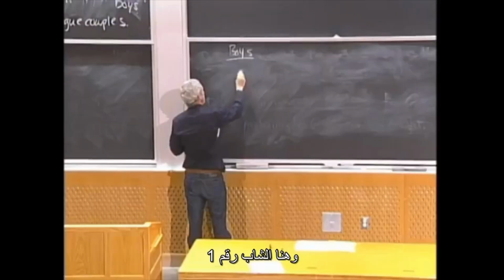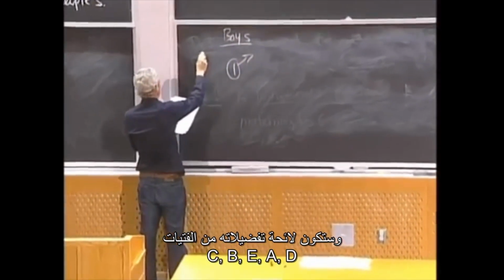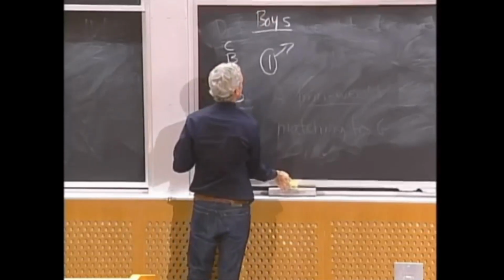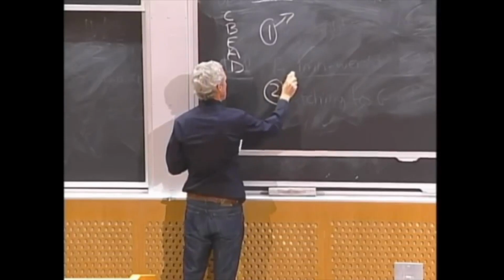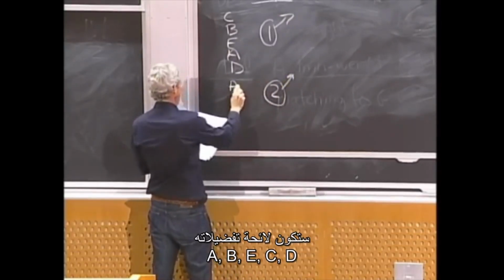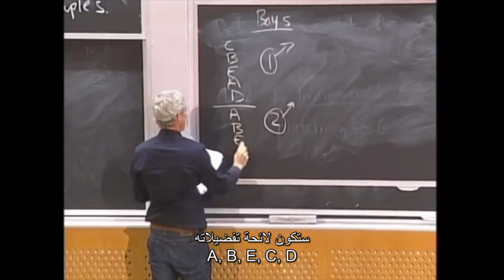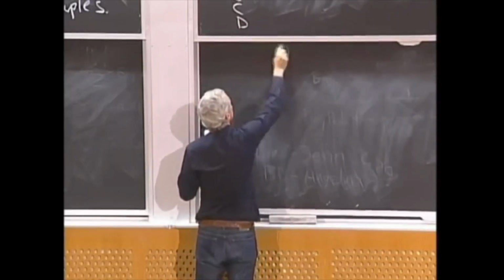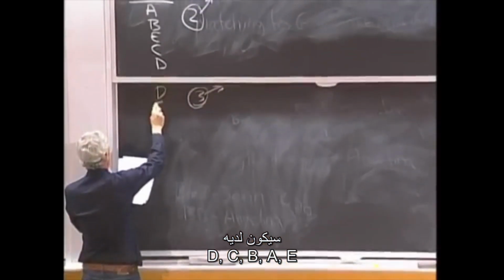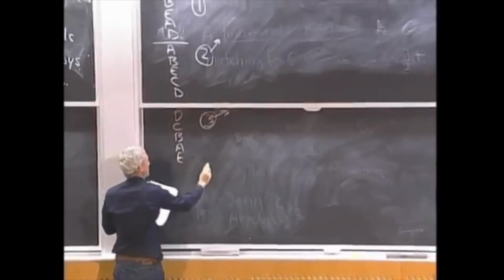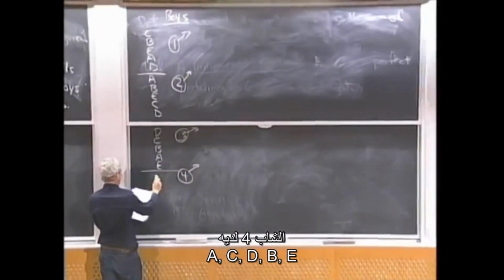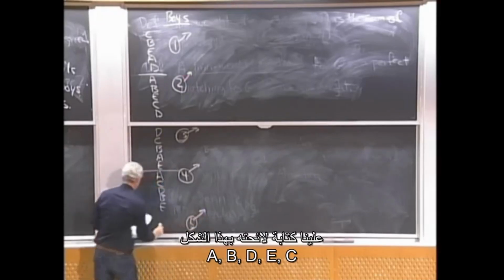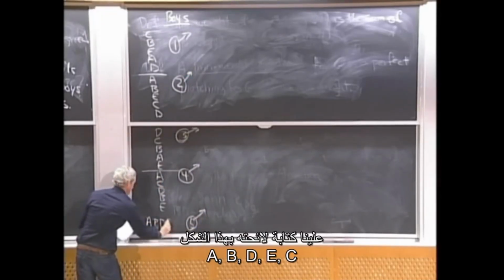Boy 1's preference list is the girls C, B, E, A, D. Boy 2 has A, B, E, C, D. Boy 3 has D, C, B, A, E. Boy 4 has A, C, D, B, E. And boy 5 has A, B, D, E, C.